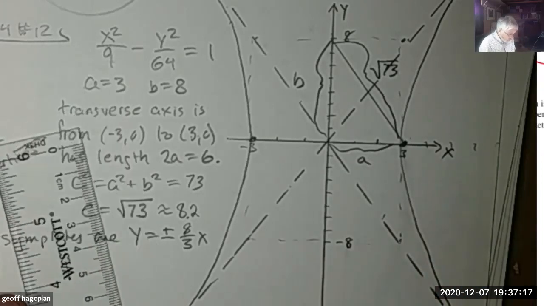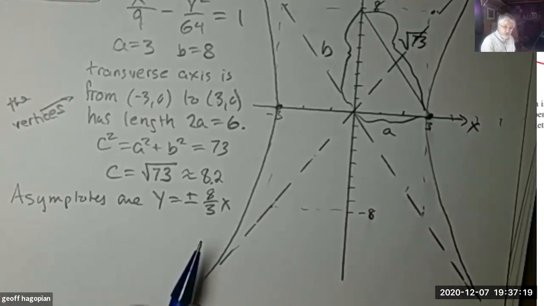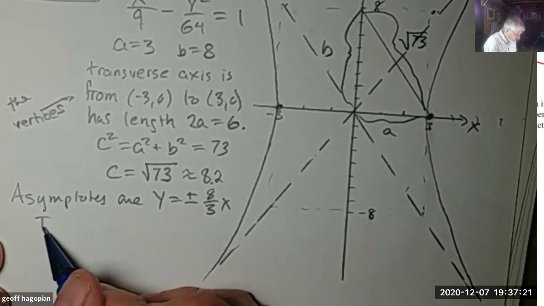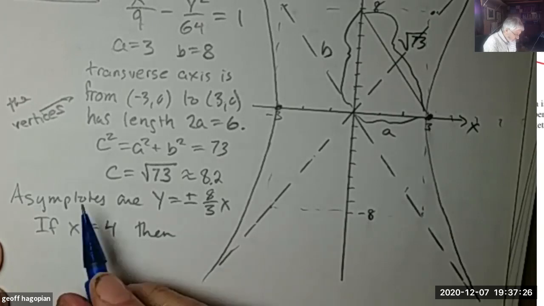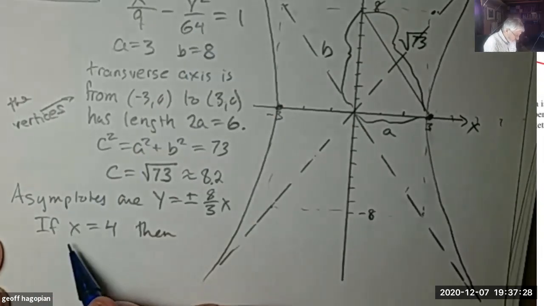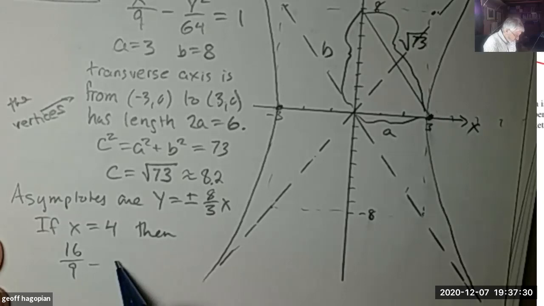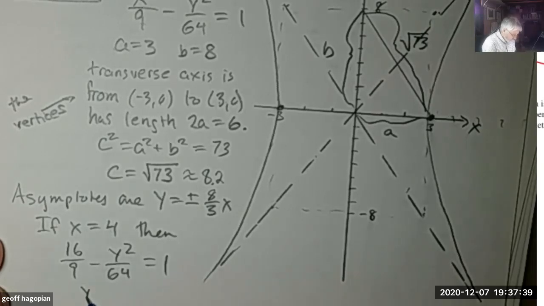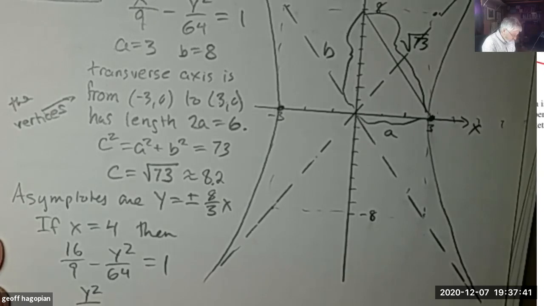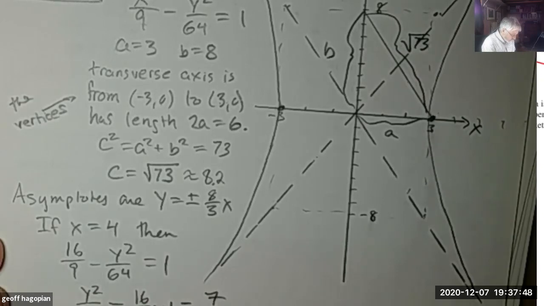You know, do you want to plot a point? So what if x equals 4, then you've got 16 ninths minus y squared over 64 equals 1. Well, I'm going to say y squared over 64 is equal to 16 ninths minus 1, which is 7 ninths.